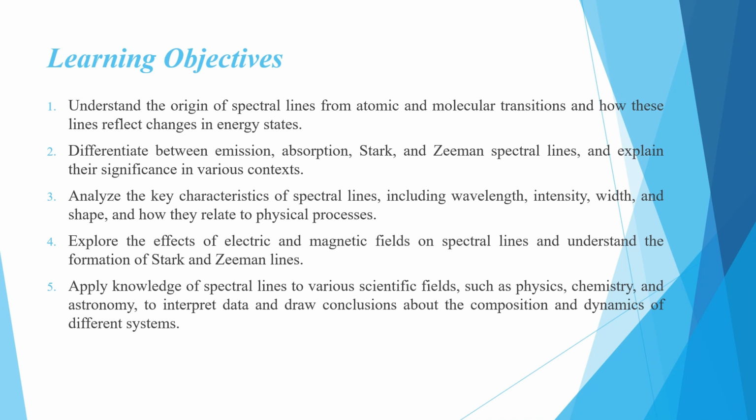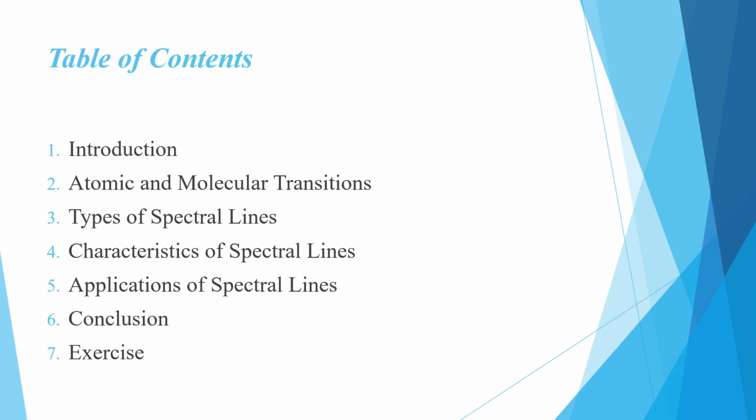And finally, to apply knowledge of these spectral lines to various scientific fields such as physics and chemistry. This video will contain an introduction, atomic and molecular transitions, types of spectral lines, characteristics of spectral lines, and also applications of spectral lines and a conclusion, and we will end with an exercise.